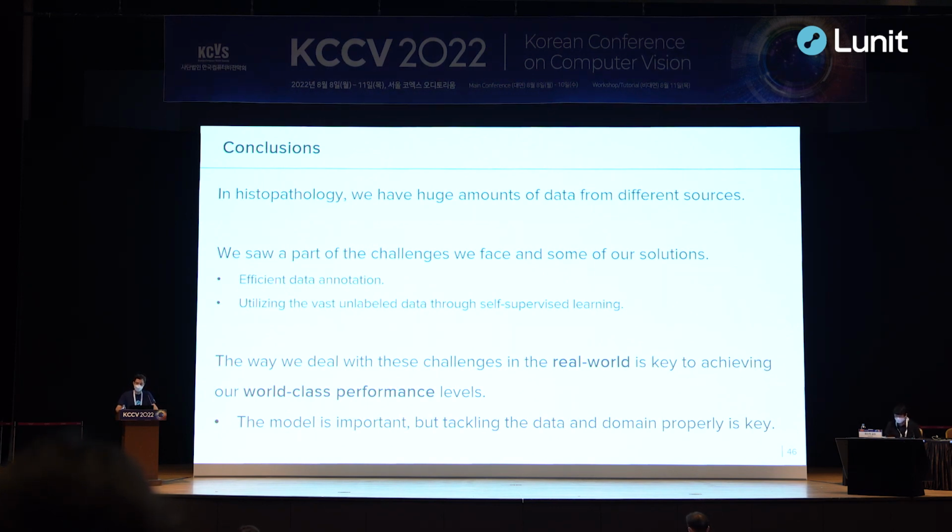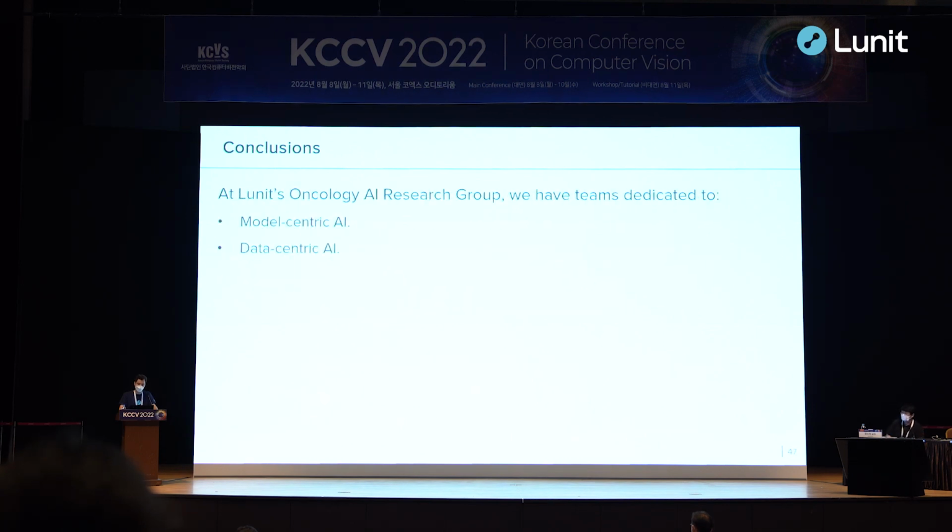It's really important. But tackling the data and the domain properly is really the key for pushing us to the next level. And in recognition of this, at the Oncology AI Research Group, we have both model-centric AI teams and data-centric AI teams that collaborate and allows for pursuing these two directions.